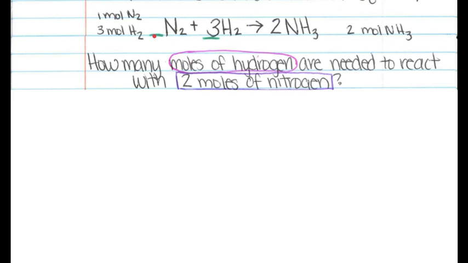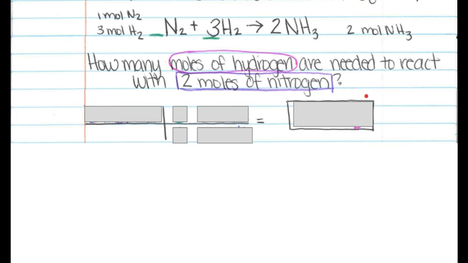And the way that I go from one substance to another substance is using the mole-to-mole ratio, which are the coefficients from the balanced chemical equation. Okay? So mole-to-mole ratio problems are one-step problems.